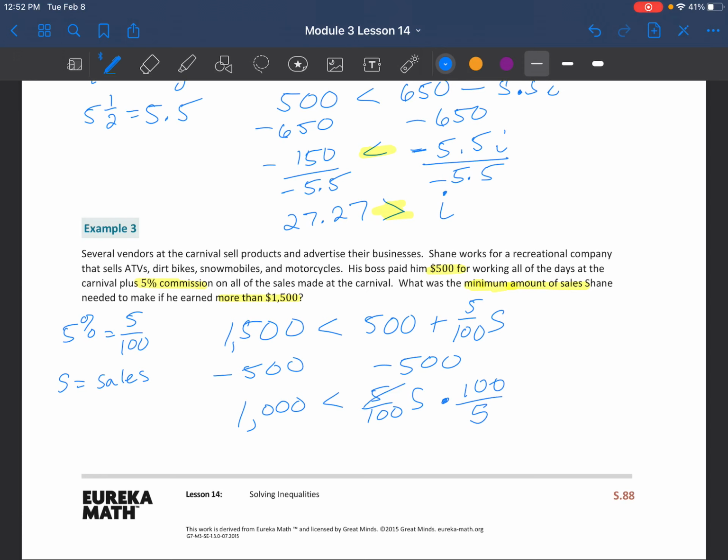So if we're multiplying, we're going to divide by 5/100. But when we divide a fraction by a fraction, we generally do keep, change, flip. So then we end up multiplying by the reciprocal, right? So these cancel each other out, create an equivalent form of 1. So we end up with S on this side, okay? And our sign stays the same.